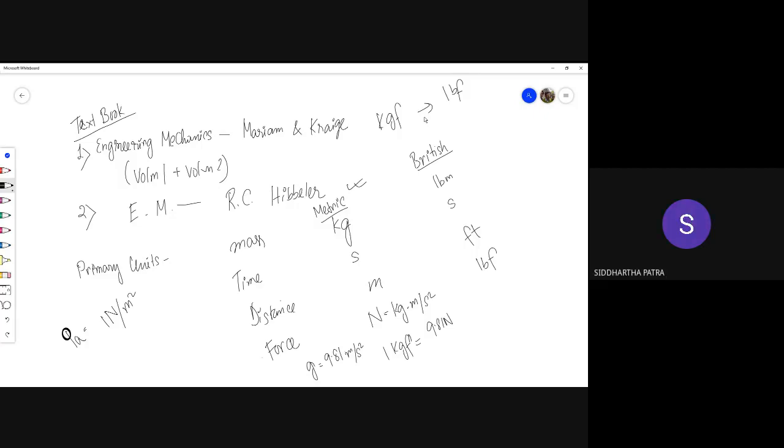It's roughly 2.2 lbf. Yes, correct. And 1 lbf is 4.4 Newton. Okay, that is also correct. But can you tell me how that works?